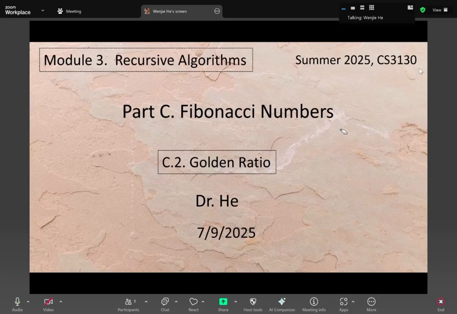Part C, Fibonacci numbers. Sorry, yes, actually part C. We have seen the problem of Fibonacci numbers, but the question is how do we calculate them.